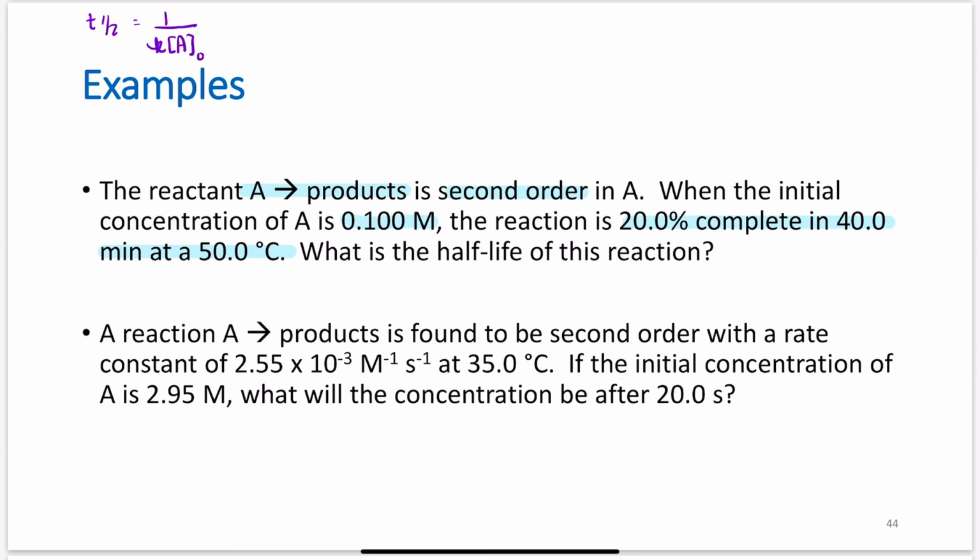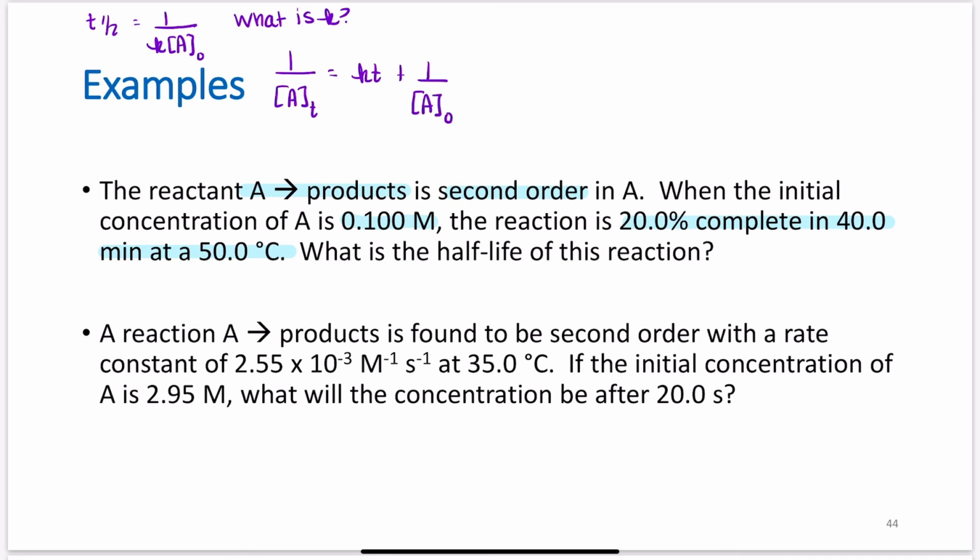In order to solve this, though, I need to know what k is. I know what the initial concentration is, but I don't know what k is. So how can I find k? Well, what's my other equation? 1 over concentration A at some time t is equal to kt plus 1 over concentration of A naught.